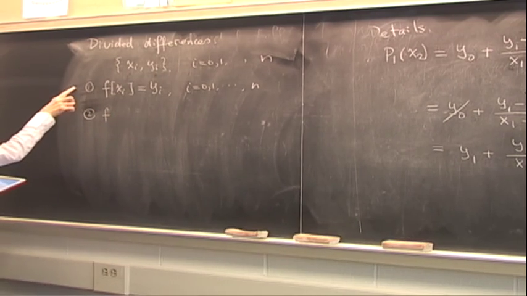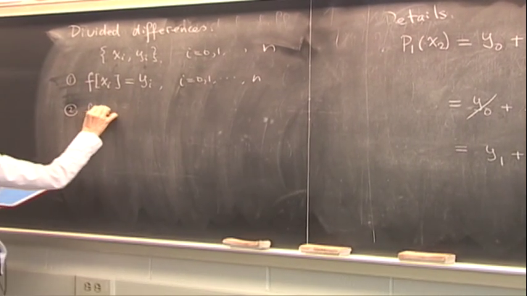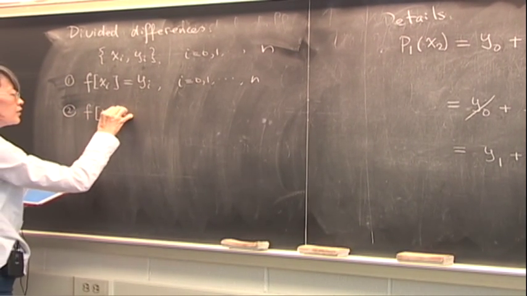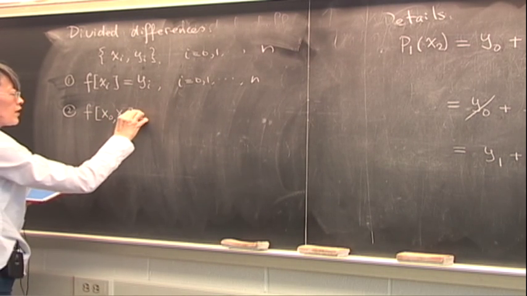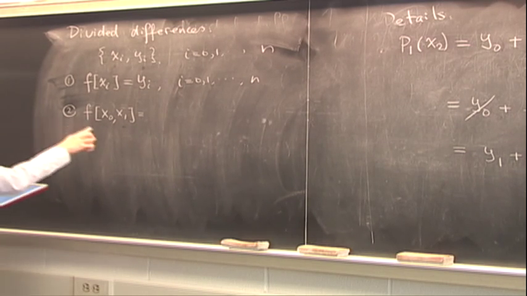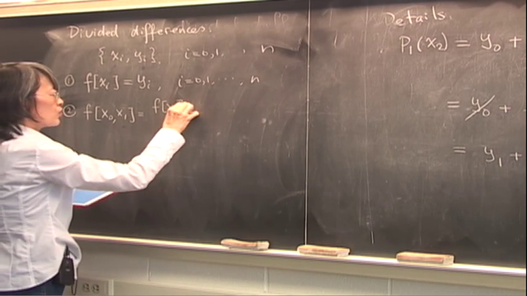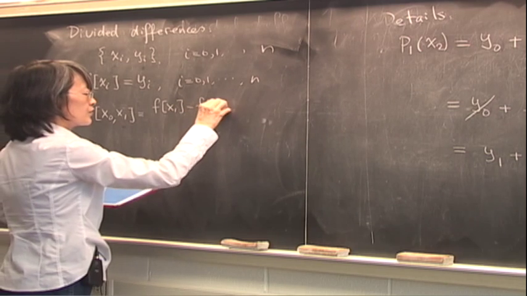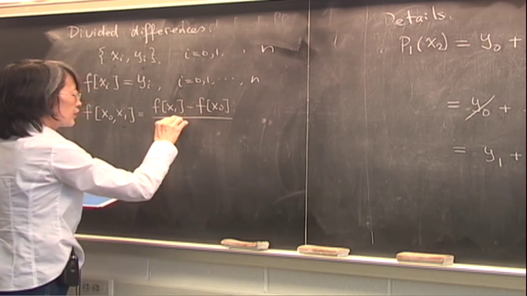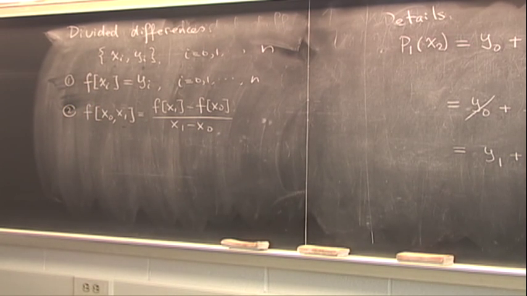I will be using whatever you obtained in the previous level. Let's give a specific index. Let's say f[x0, x1]. So I have 2 of these x in this bracket. How is this computed? It is computed as f at x1 minus f at x0, over x1 minus x0. So it uses what you have previously.